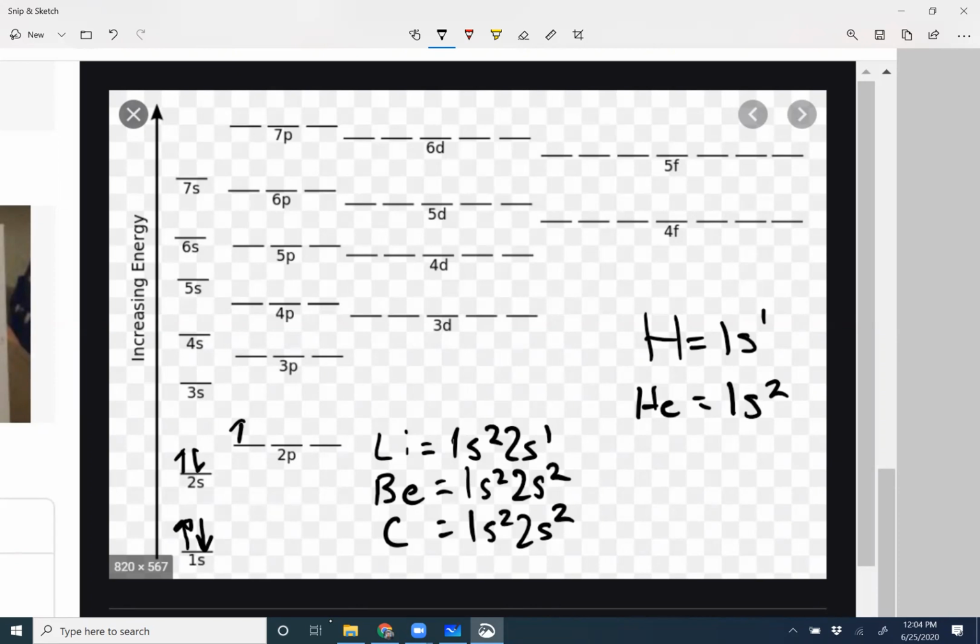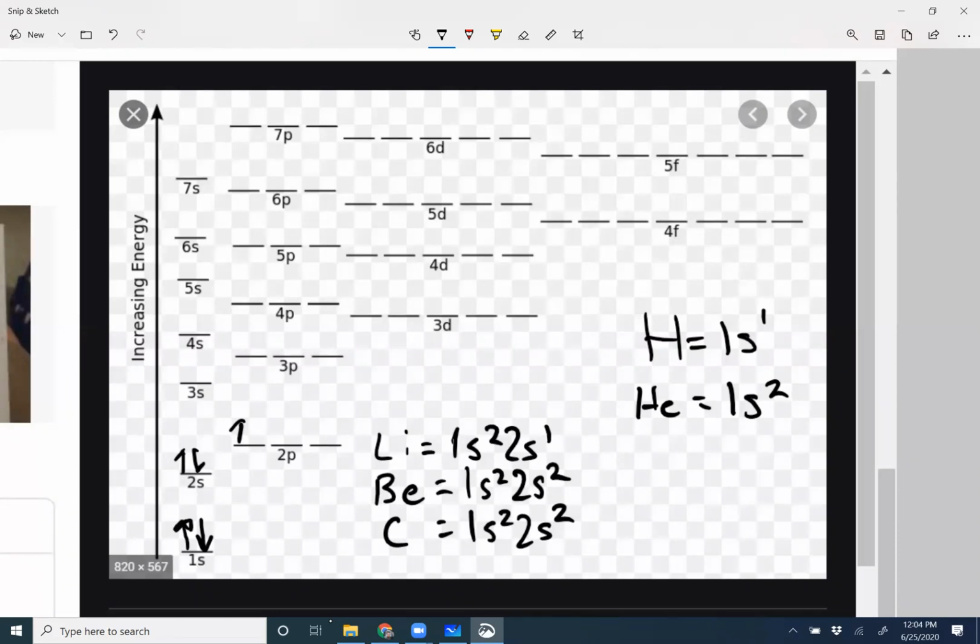I call this the Plinko rule or the Connect 4 rule, where if you drop the checker into the board, it's got to go all the way to the bottom first. And then we have the Pauli exclusion principle, which states that electrons have to basically be in opposite spin states. So that's why we're drawing them in up and down arrows.